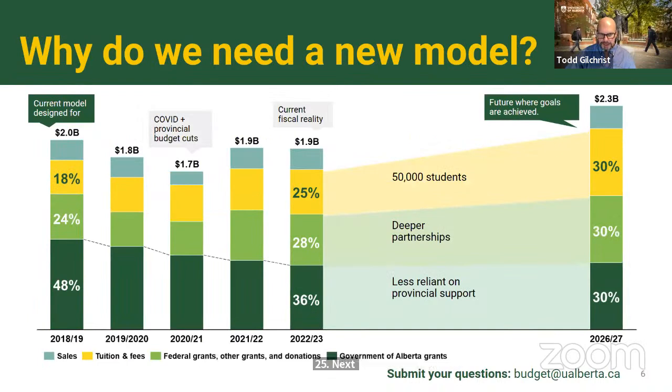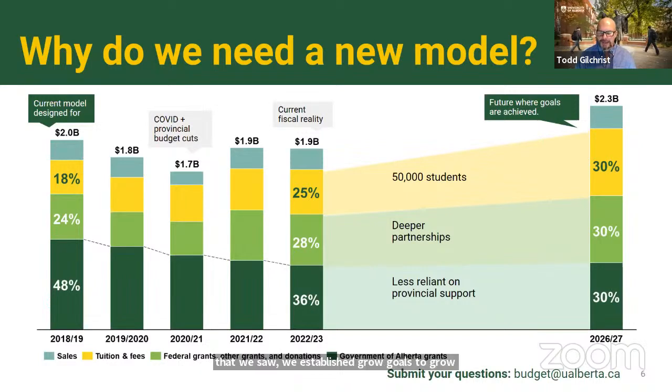So why do we need to change? I talked a little bit about that, but historically, the provincial government grant accounted for about half of our total revenues. And the previous budget model, 1.0, was designed with that as its context. And in response to COVID-19 and the provincial government budget cuts that we saw, we established goals to grow and diversify our revenues.